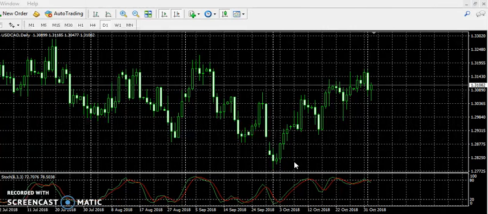Okay, so as you can see, this is USD/CAD daily time frame, and we will just use this leg of it right here to explain structural market behavior, because we can see this concept in this area as well as this area and so on.